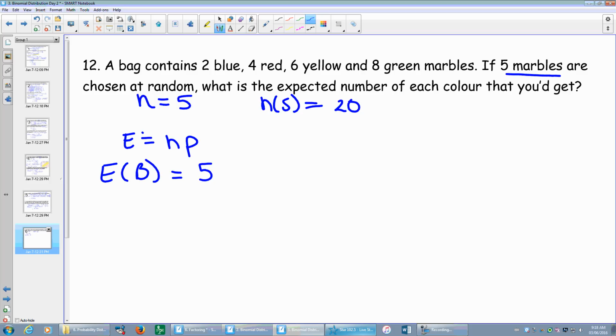How many blue marbles can I expect? So I do n times the probability of what? Pardon? It's 2 over 20. Good, which gives us an expected value of 0.5.